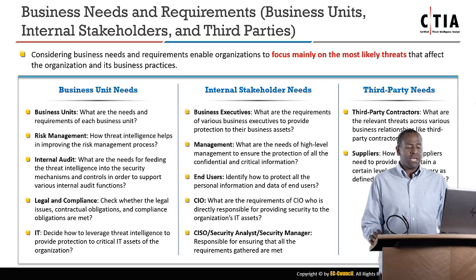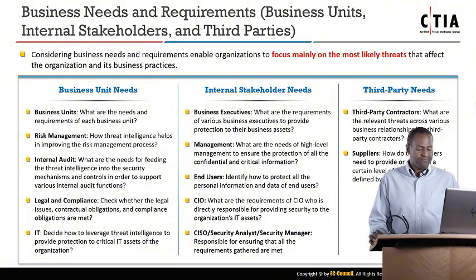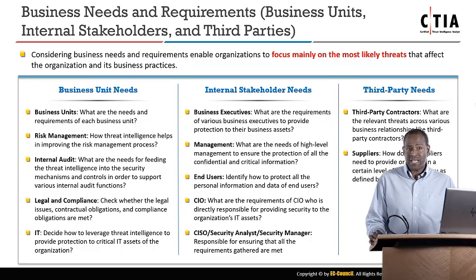Suppliers are going to keep the flow of the business running, right? We're going to be ordering things from suppliers usually on some type of just-in-time basis, and they're going to need information. So all of this, we need to consider the requirements focusing on threats that affect each of these areas of our organization.